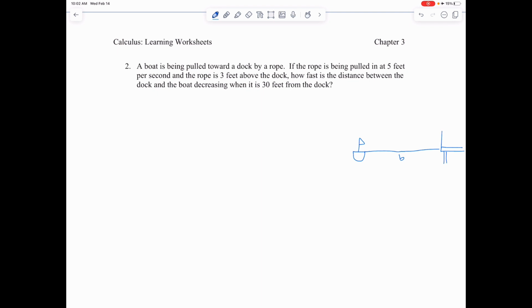So we've got kind of like a little pole here with the rope, and the rope is pulling in the boat.